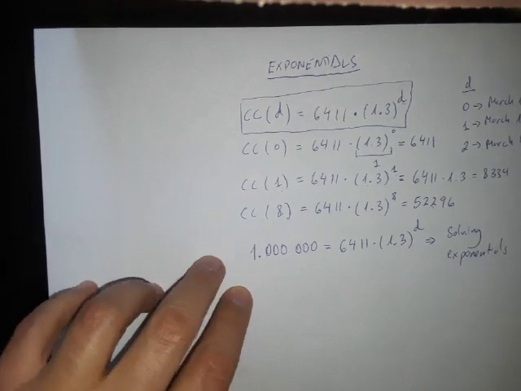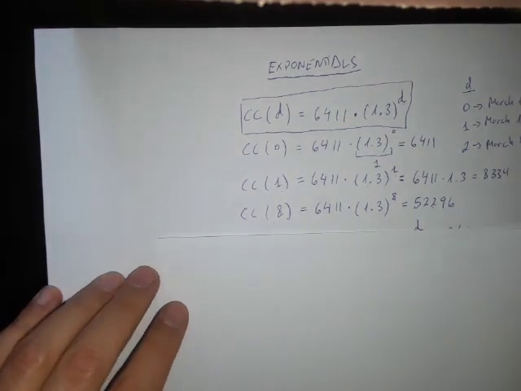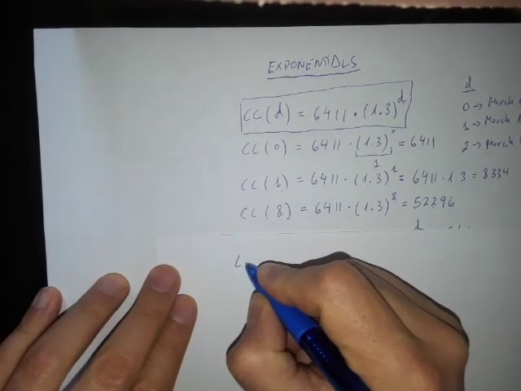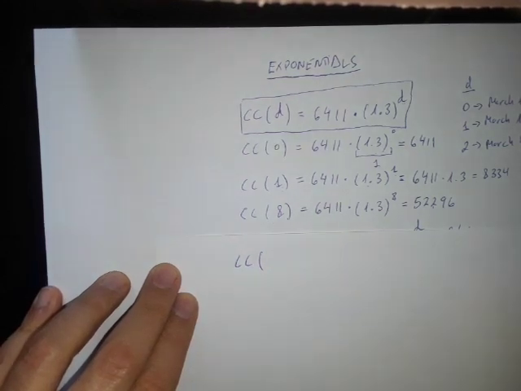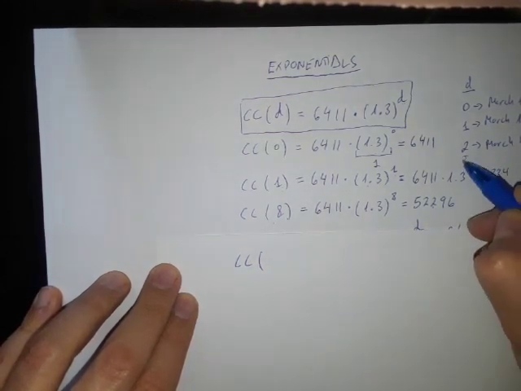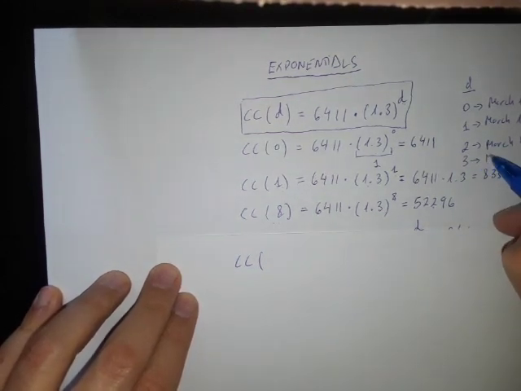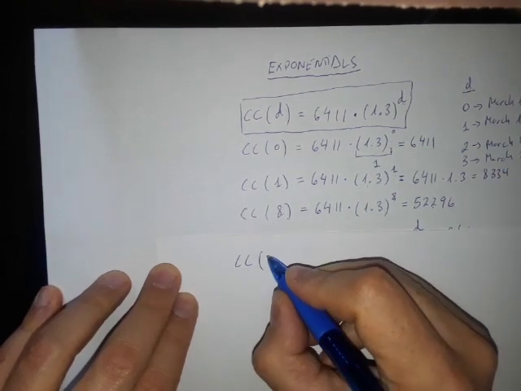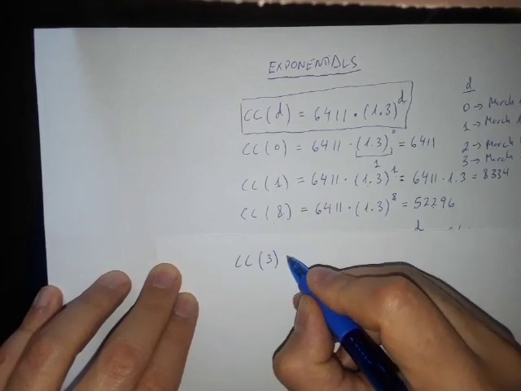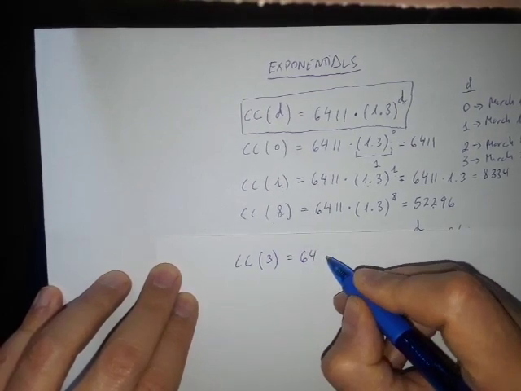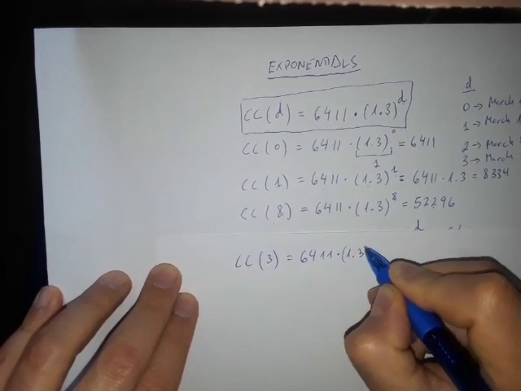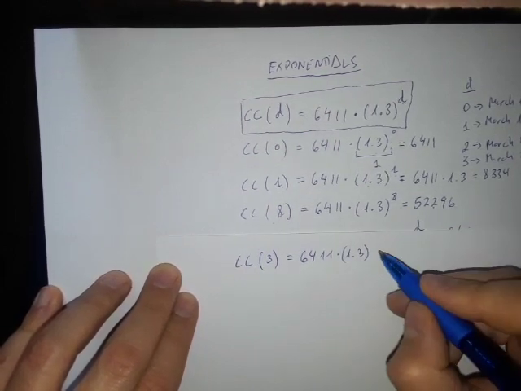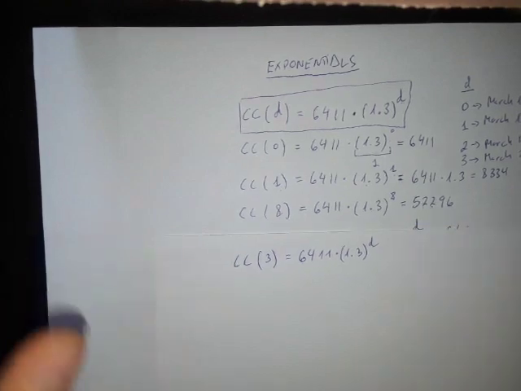Okay. So again, the way we do this is the coronavirus cases. Today it's day 3, which is March 20, right? So that would be a 3 here. So we have 6,411 times 1.3 to the power of 3, right?